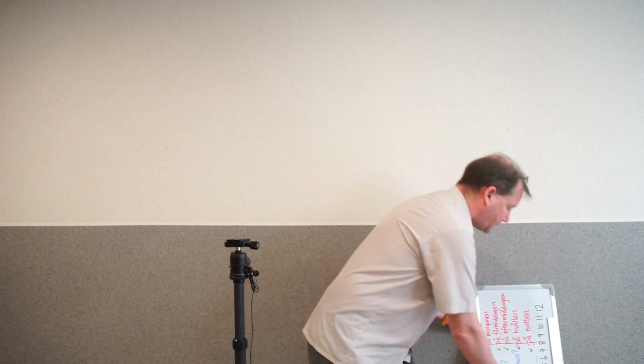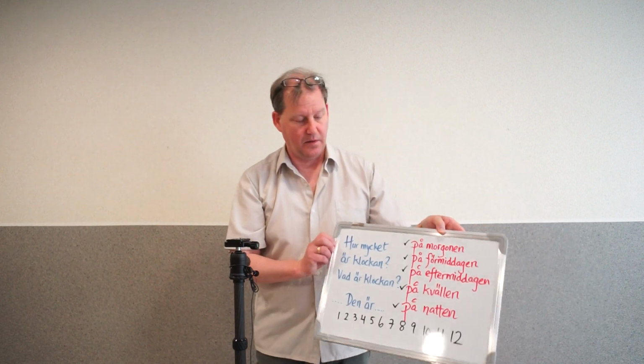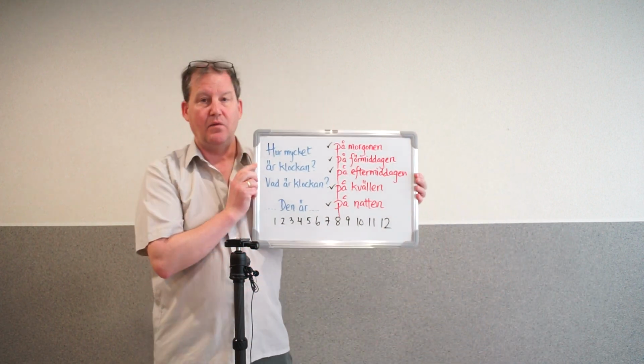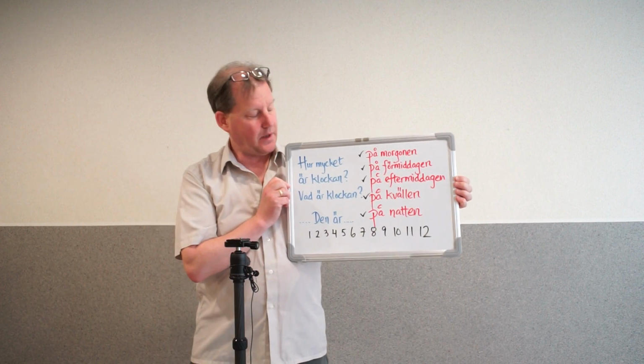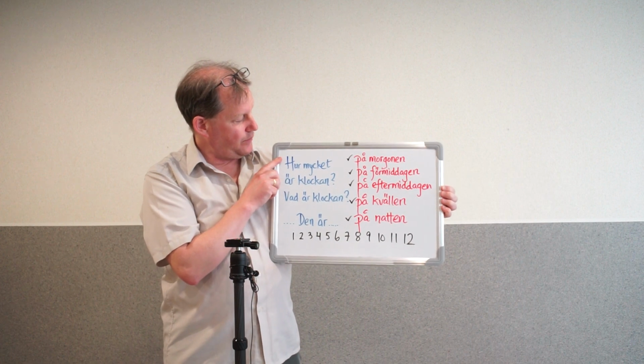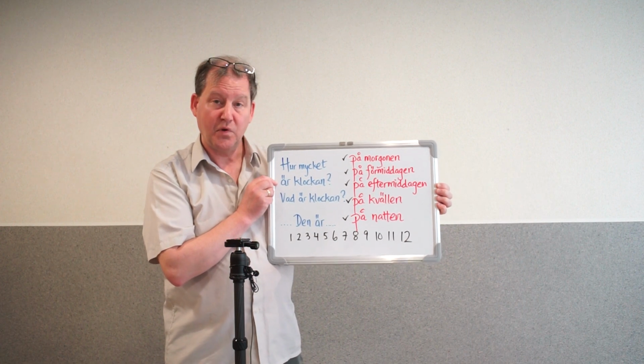And let me pick up the whiteboard briefly and show some things for you. Look at this. When you ask about the time, there are different ways of asking for the time. You could say, hur mycket är klockan?